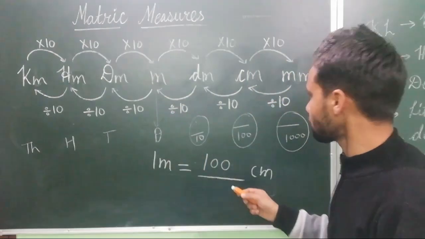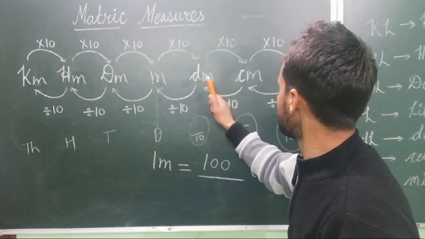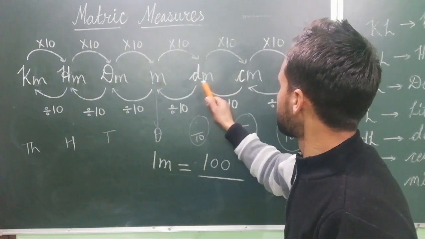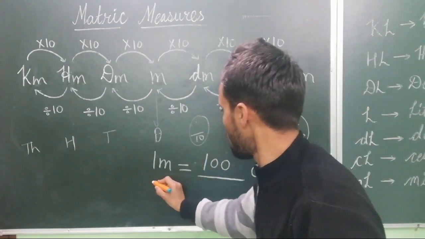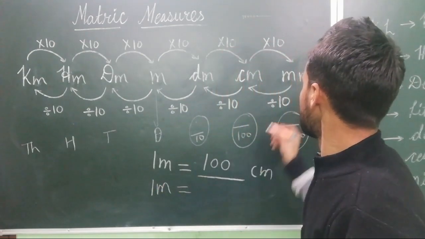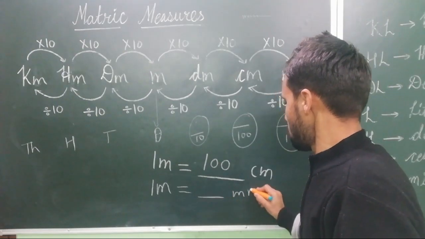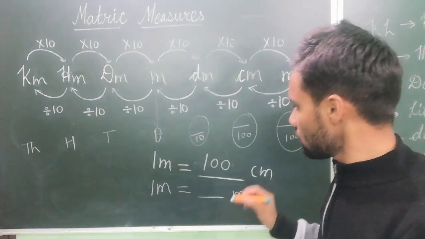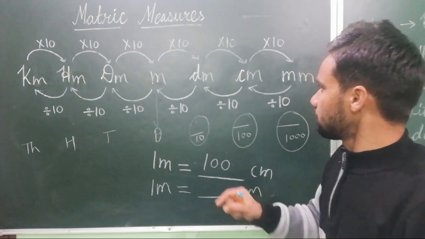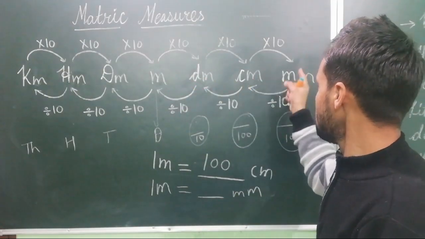Okay. Now, for example, what I write here? 1 meter. I want to convert 1 meter into millimeter. So you know very well, 1 meter is bigger than deca, is bigger than centi, is bigger than milli.